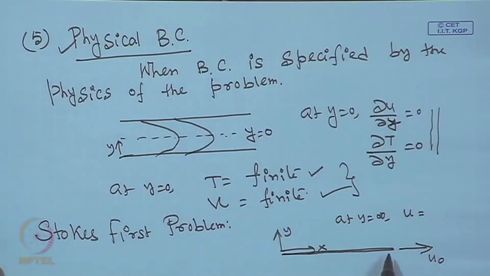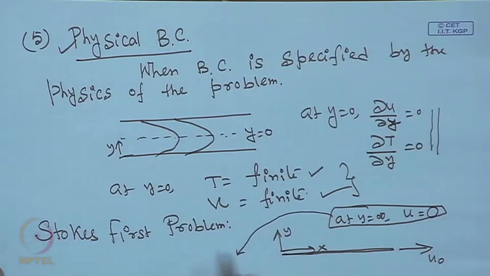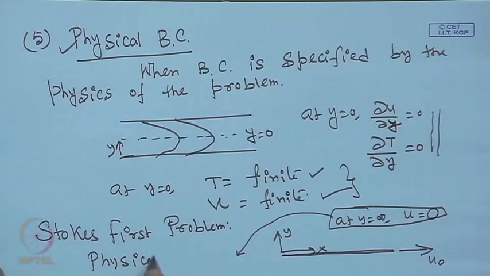The wall movement will not be realized by a fluid particle located at y equal to infinity. So, we put the boundary condition that at y is equal to infinity, u is equal to 0. Since this boundary condition comes from the physics of the problem, it also falls under the category of physical boundary condition.